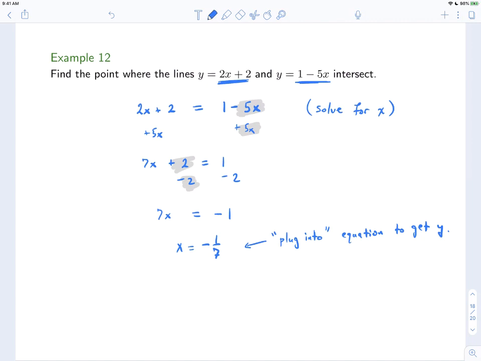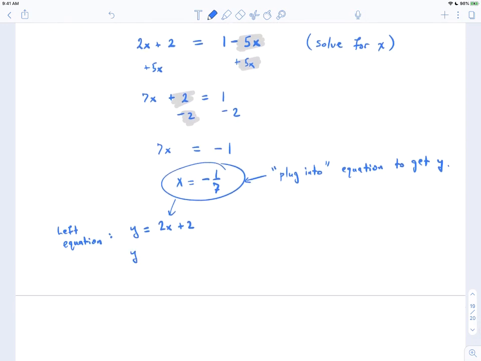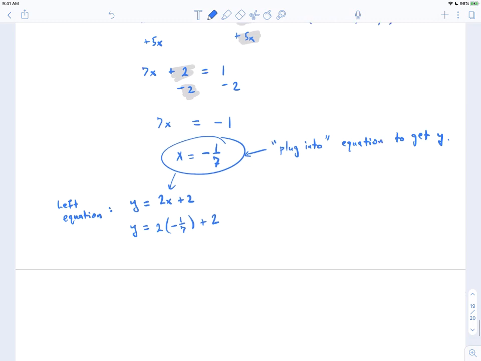If I pick the left equation, y equals 2x plus 2, and plug in this x, y equals 2 times negative 1/7 plus 2. So what's that going to be? That's y equals negative 2 over 7 plus 2.